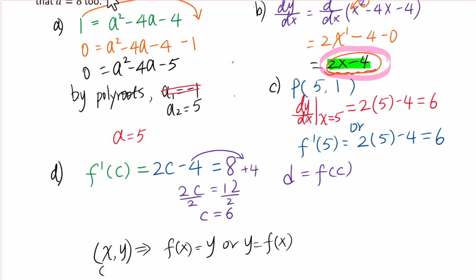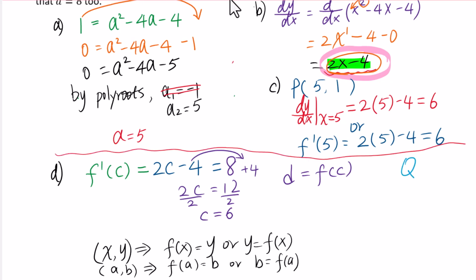If we have (a, b), it means f of a equals b, or b equals f of a. Since the coordinate of Q is (c, d), we already figured out c is 6, so we can write down d equals f of 6.